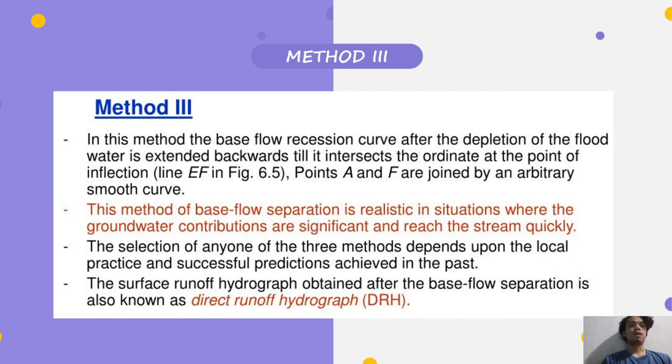This method of base flow separation is realistic in situations where the groundwater contributions are significant and reach the stream quickly. The selection of any one of the three methods depends upon the local practice and successful predictions achieved in the past. The surface runoff hydrograph obtained after the base flow separation is also known as direct runoff hydrograph, or DRH.